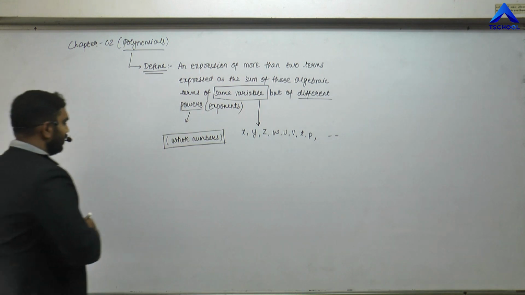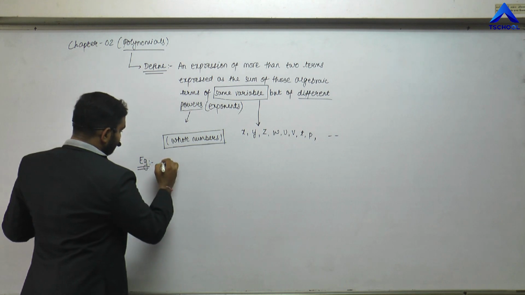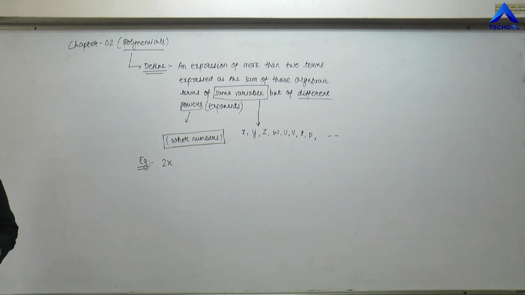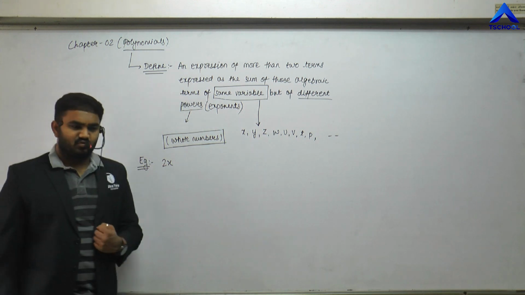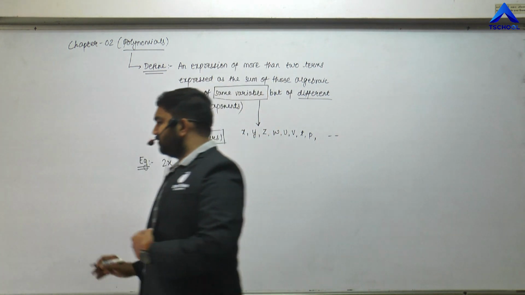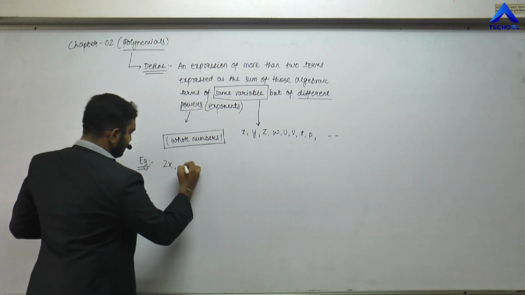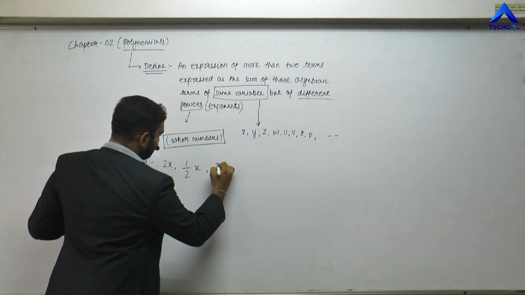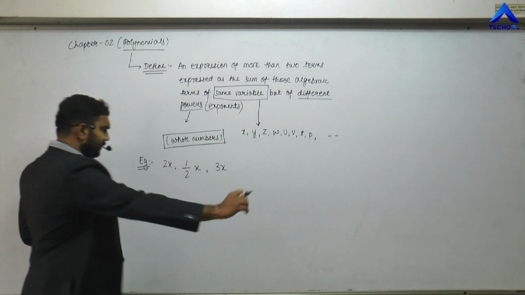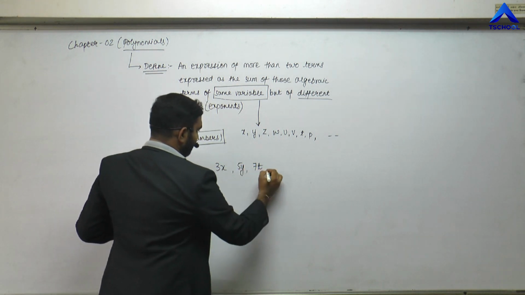Let me show you how a polynomial can be written. For example, if I say 2x, friends, you might conclude that this 2x is only one term. So 2x, 1 upon 2x, 3x and so on, and for another variable also, 5y, 70 and so on.